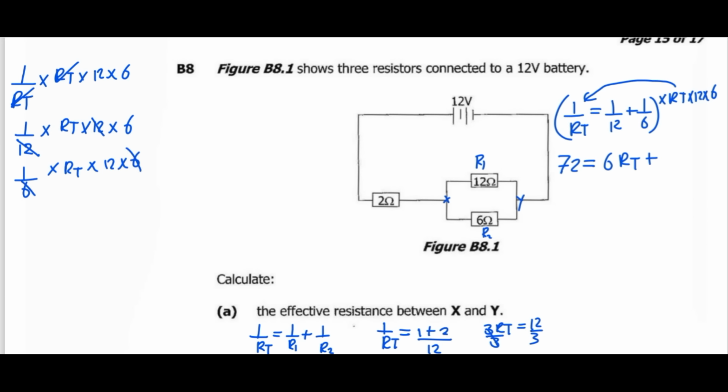So 6 will cancel, and this will give us 12 RT. So 72 is equal to 12 plus 6, which gives us 18 RT, over 18. So 18 into 72, we are still getting 4. So we can do these calculations.